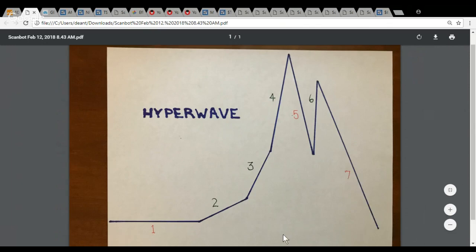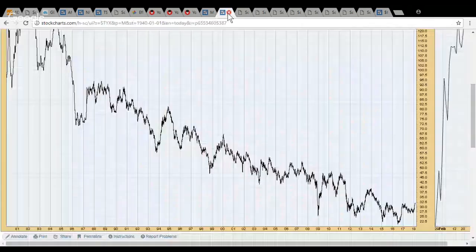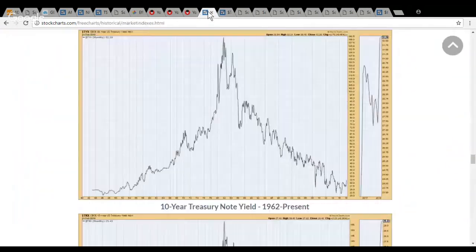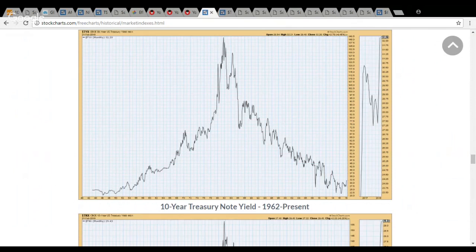Knowing that these are years, these are not days, weeks, or months across the bottom. Remember that we talked about this chart before. This chart starts in 1942 and it goes until today. It's one hyperwave.